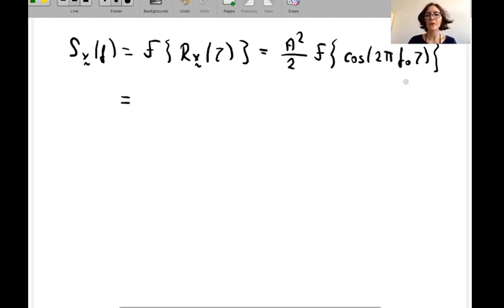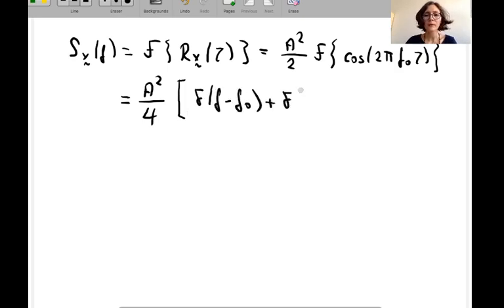Remember that the cosine function in the frequency domain consists of 2 impulses, one at f0 and the other at minus f0. It's symmetric, and the impulses have strength 1 over 2 in our new notation with f. So we would have A squared over 2, with another 1 over 2 coming from the expression of the cosine, which makes A squared over 4, and then we just write down the impulses: the first at f0, and the second at minus f0.